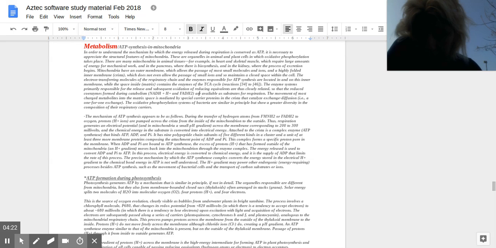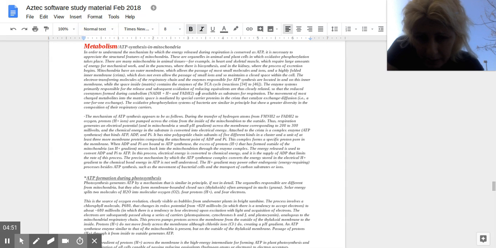When ADP and Pi are bound to ATP synthetase, the excess of protons, hydrogen plus, that has formed outside of the mitochondria, the gradient of hydrogen positive, moves back into the mitochondria through the enzyme complex.